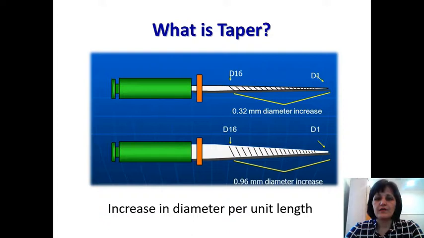It may be 0.2 taper, and so 0.4, 0.6, till 0.96 millimeter diameter increase.